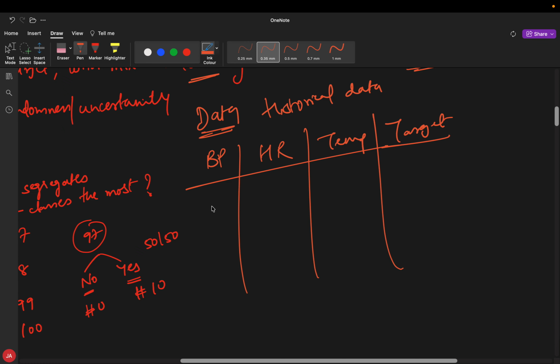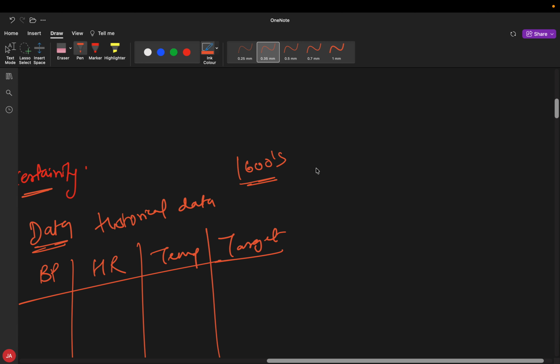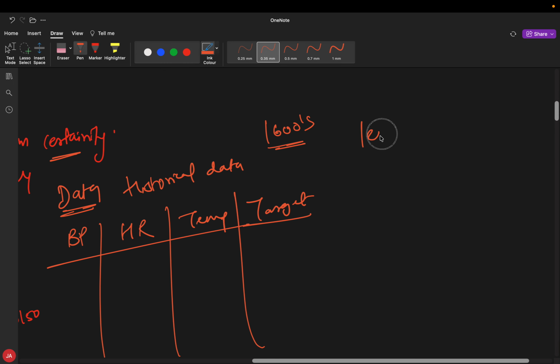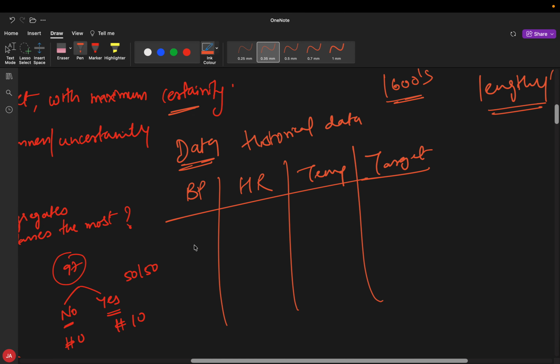Now we can build a decision tree on it, but doing the manual approach is very boring, and we don't do it, and it's very lengthy also. So we train the machine to do it. 1600 is a much smaller number.